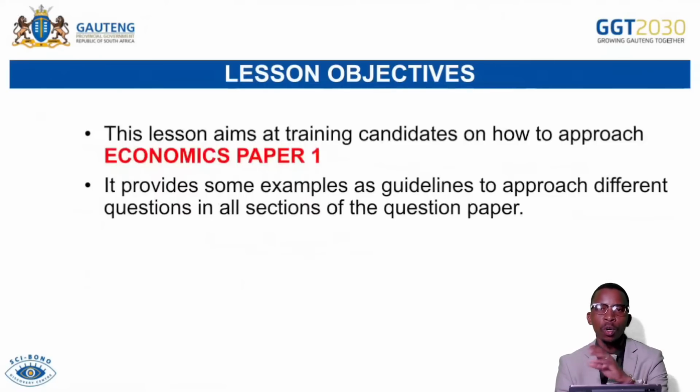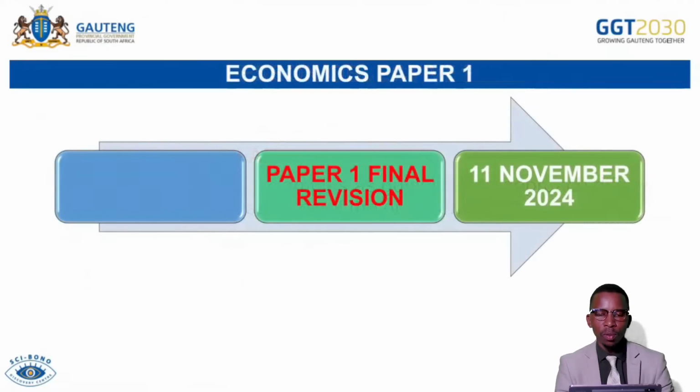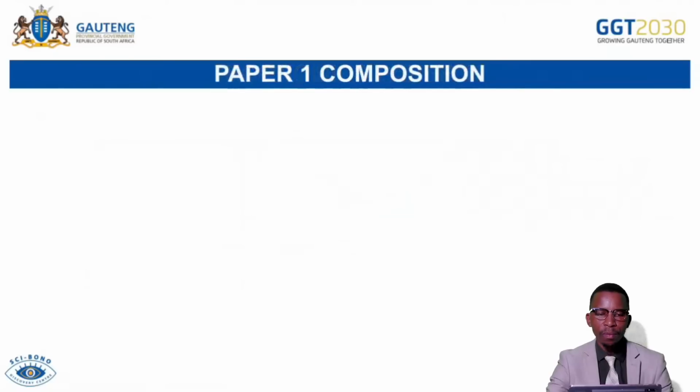It will mainly focus on giving you the relevant training from section A to section C and providing some examples that will show you clearly how you should respond to some nature of questions as they come into the examination. So our economics paper 1 will be written tomorrow. Today's revision is on the 11th of November, preparing for the 12th of November 2024.